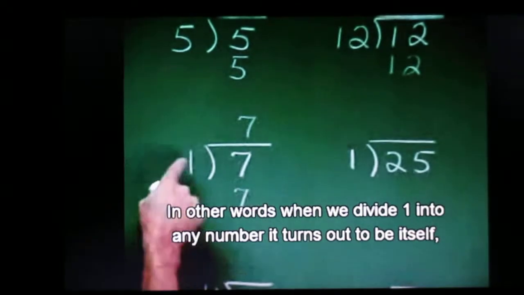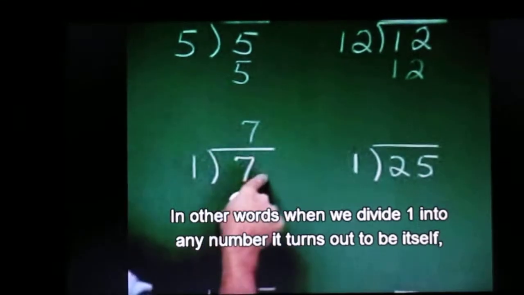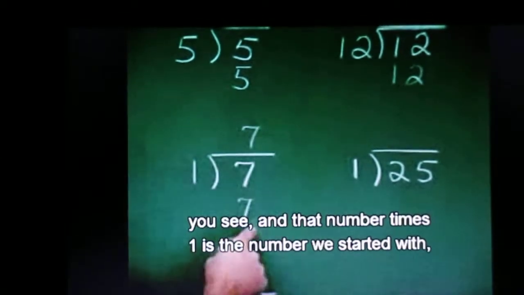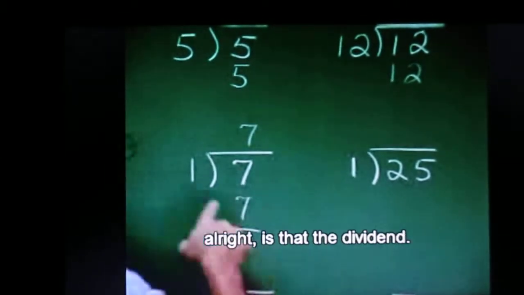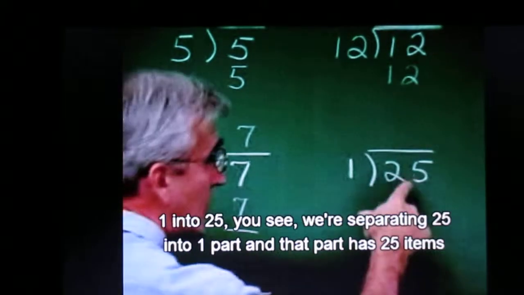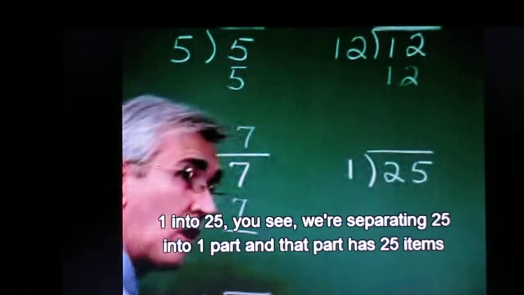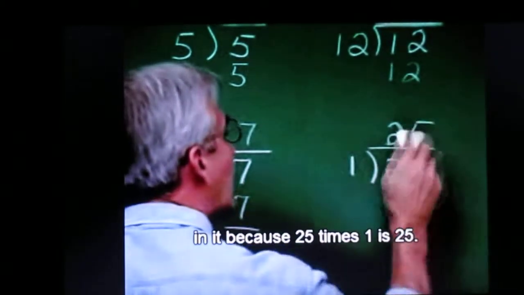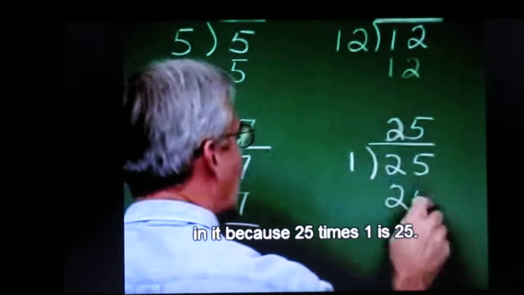In other words, when we divide 1 into any number, it turns out to be itself. And that number times 1 is the number we started with, the dividend. 1 into 25: we're separating 25 into 1 part, and that part has 25 items in it, because 25 times 1 is 25.